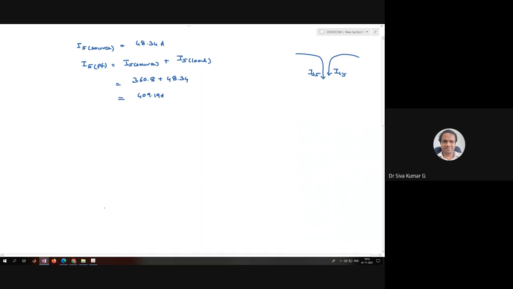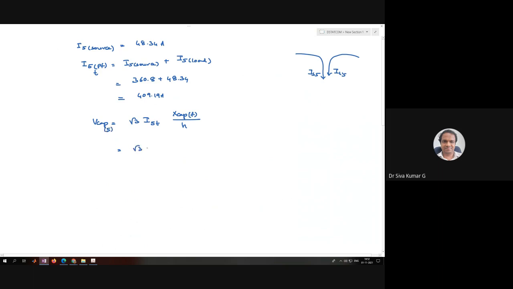Once we evaluated the fifth harmonic current, we can evaluate the voltage across the capacitor also. Voltage across the capacitor is root 3 times the total fifth harmonic current. Maybe the notation is not exactly right, but you can understand what I'm doing. Then the X cap, the fundamental capacitor reactance, divided by the value of H, because we are finding the fifth harmonic voltage across the capacitor bank.